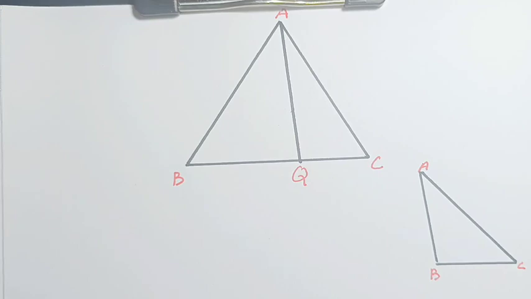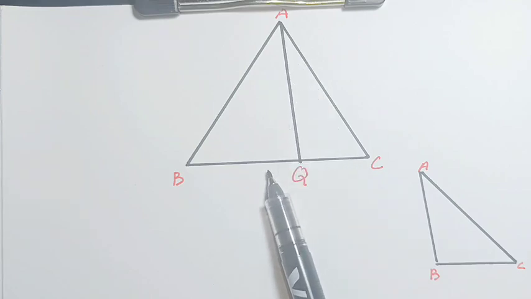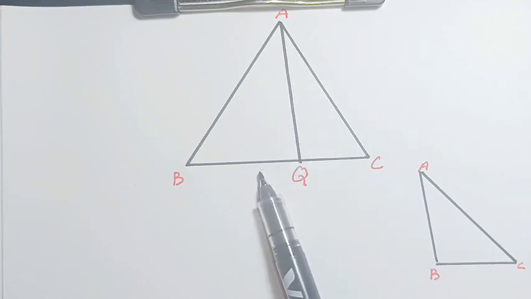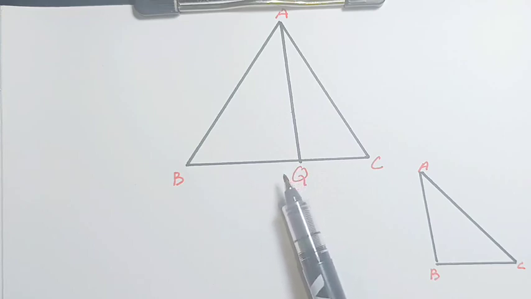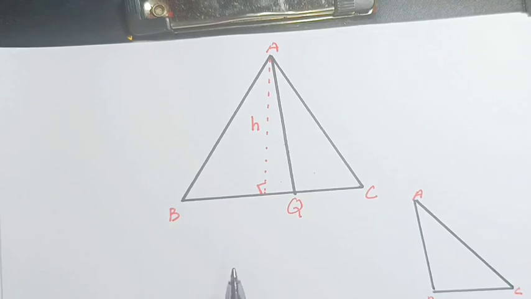To do this question, we must remember we don't have the perpendicular height yet. To determine the perpendicular height, we need to draw a dotted line from the very top, the highest point, straight down to the very bottom. The base can be extended if needed; that doesn't change the base length. So I'm going to draw a dotted line here just to see the height.